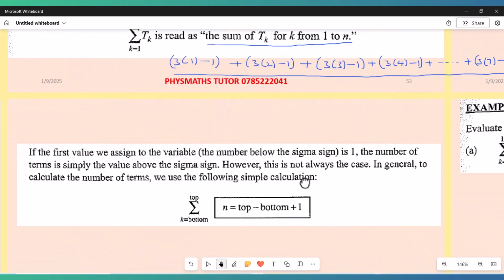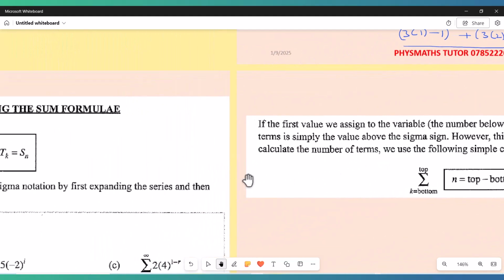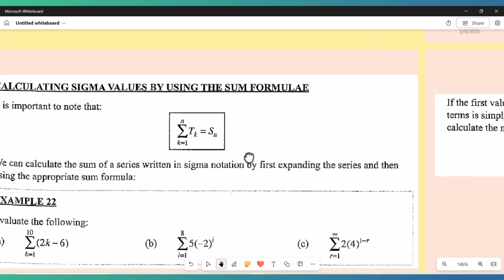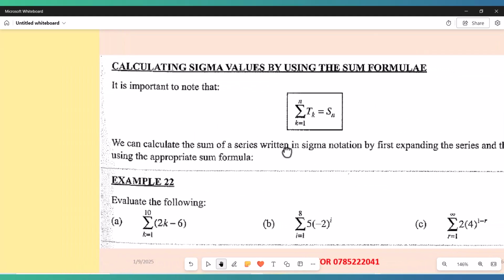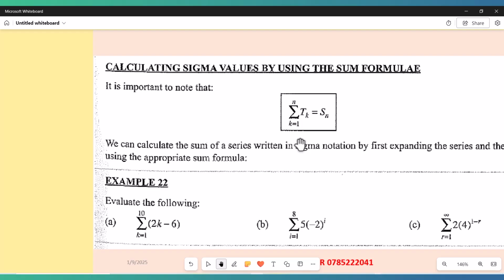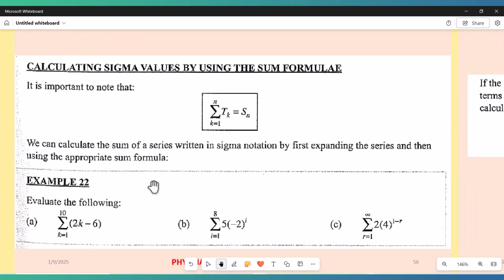Okay, no problem. Now you must know how to find the sum. It is important to note that the sum of tk from k equals 1 up to n, we call it Sn. Now this Sn is the same as the sum of all the tk values up to n. So we can calculate the sum of the series written in sigma notation by first expanding the series and then using the appropriate sum formula.